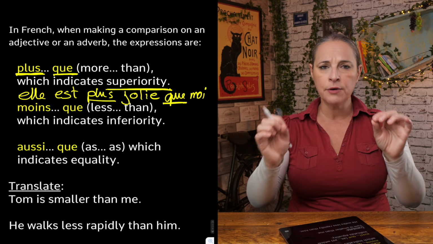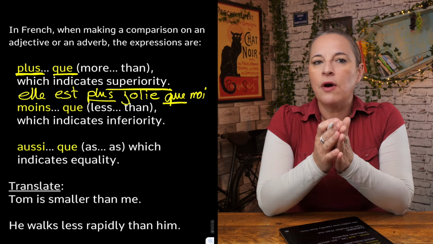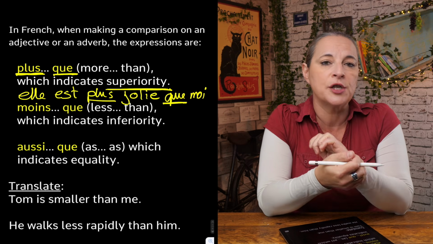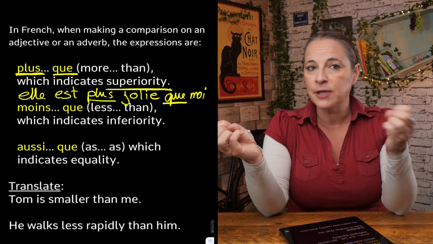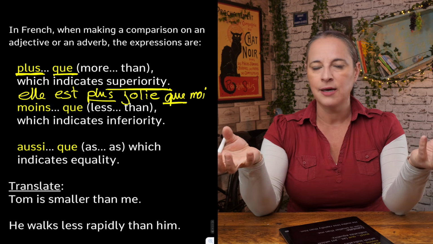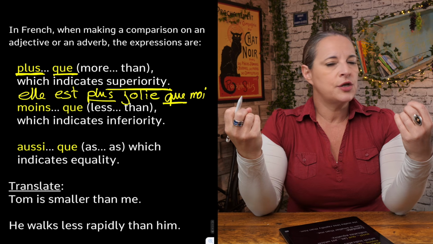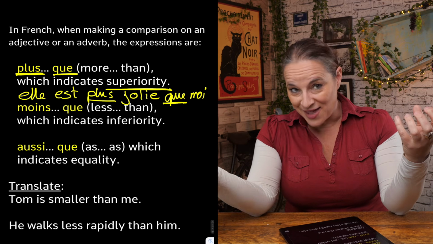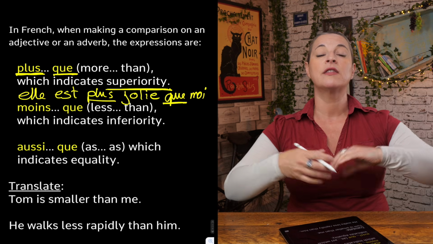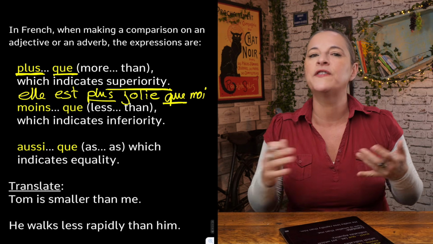Okay. Now remember that in English, though you have the ER at the end of the adjectives, in French we don't. You have to break it up into plus, then the adjective, then que, always. Okay. The only time in English you would use more and then than, okay, is when the adjective you're using has more than 3 syllables, so more comfortable than.